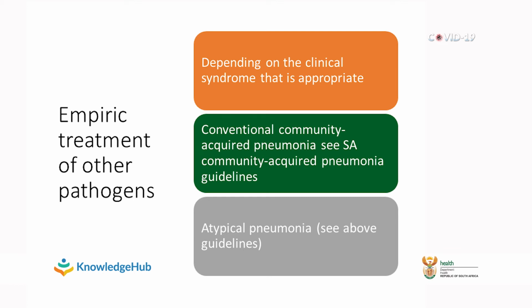All these conditions are quite common, and if you really want to give empiric treatment, go through our essential medicine list, the standard treatment guide, which you could download on your own phones. It's available. If you use Google Play, you'll get it. Standard treatment guidelines for South Africa, you will see all that, and you know exactly what antibiotic to be used at what dosage for what duration, and how to monitor your patient.